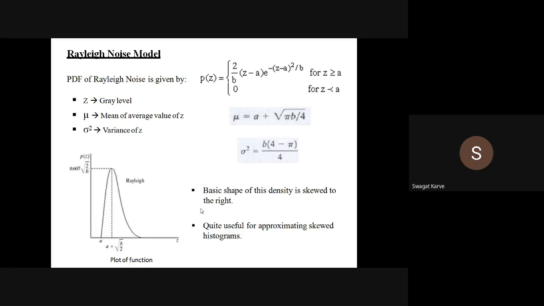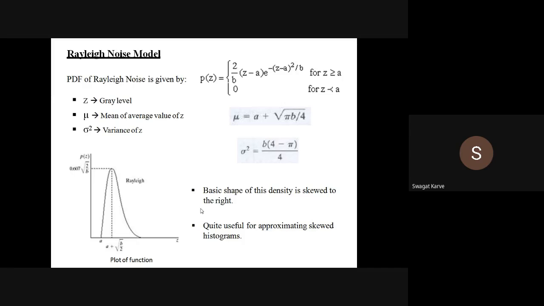Okay, so for your understanding, I have given here their mathematical equations. You simply have to remember this. Derivation is not there. The mathematical equations for each type of noise are given here.